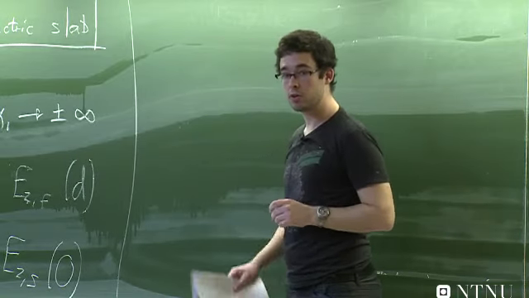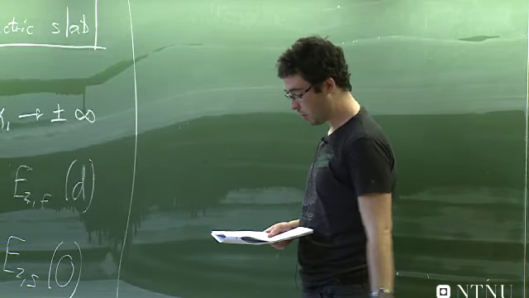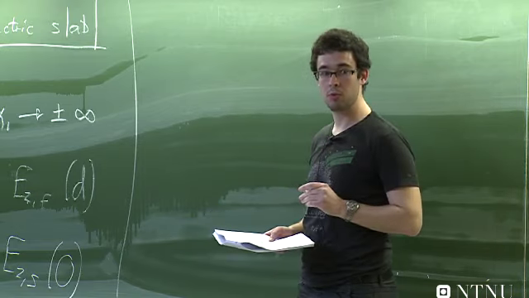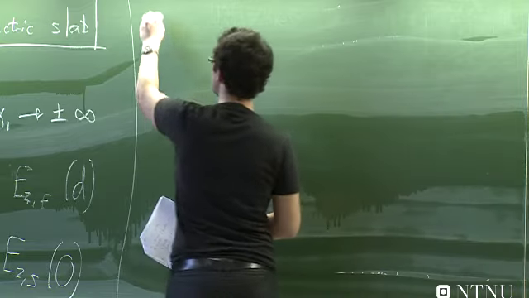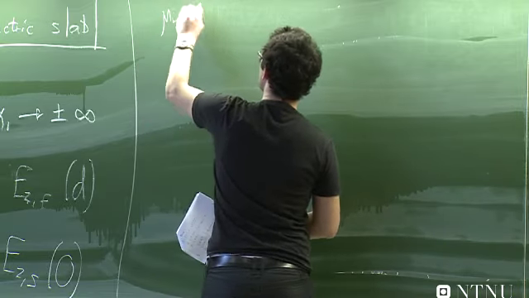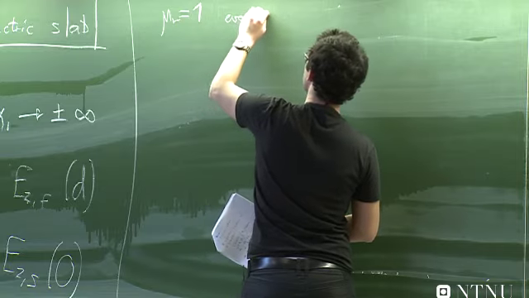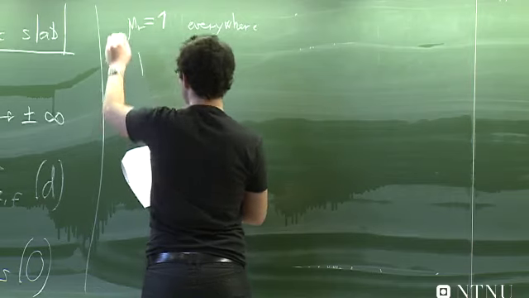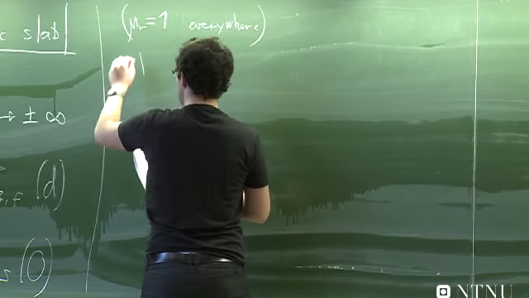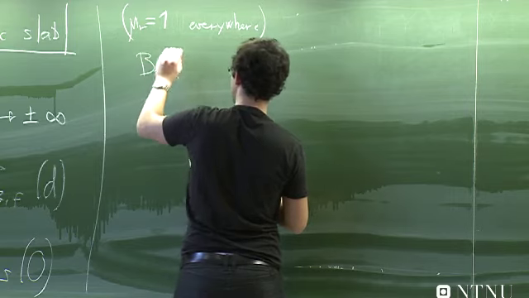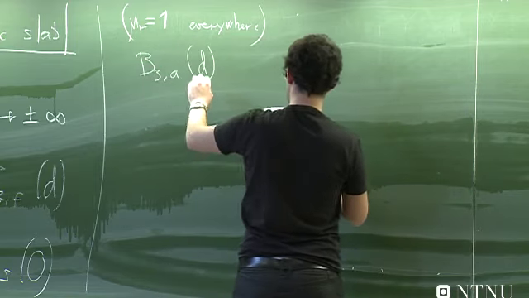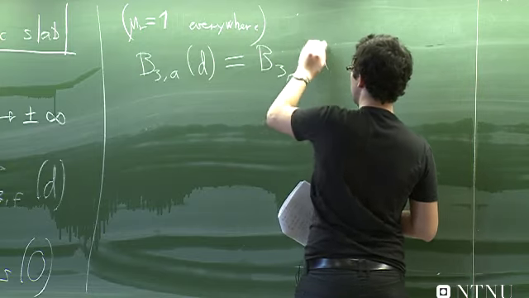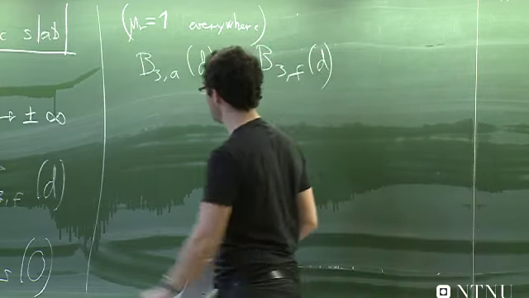Now the next boundary condition is that B parallel is continuous because there's no current anywhere, and we're assuming that mu is equal to 1, or mu r is equal to 1 everywhere. Meaning that B3 in air at d is equal to B3 in film at d, same as the electric field.